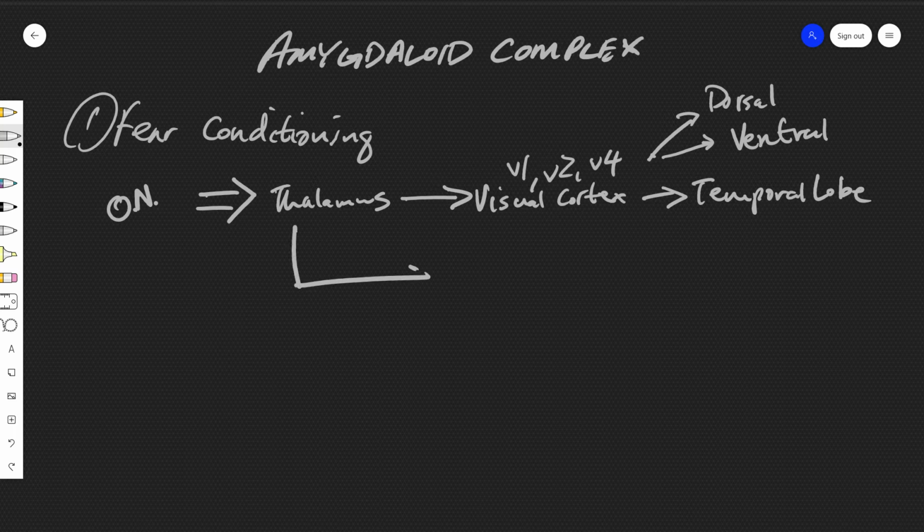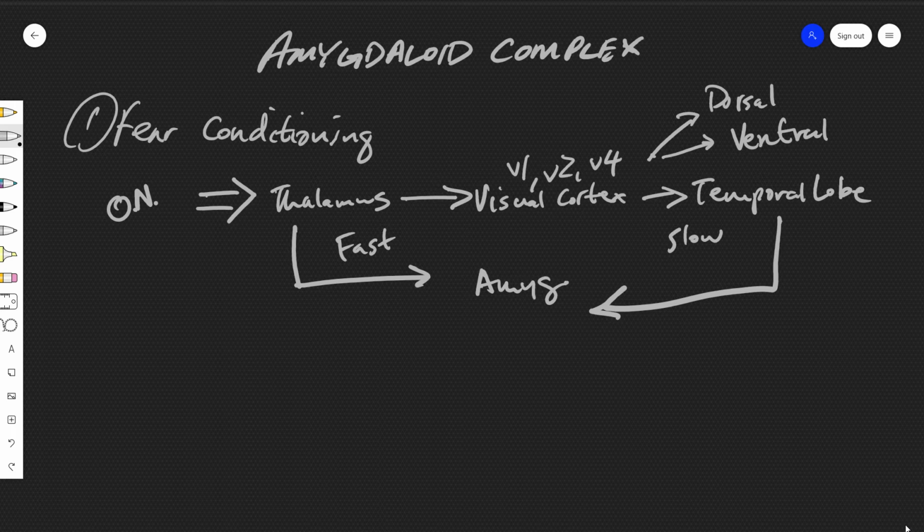So there's two important things to make note of here. The thalamus is going to send information down to the amygdala. The temporal lobe is also going to send information to the amygdala. Now this will be the fast pathway. This will be the slow pathway.